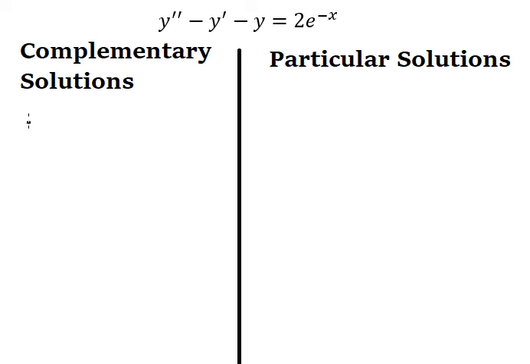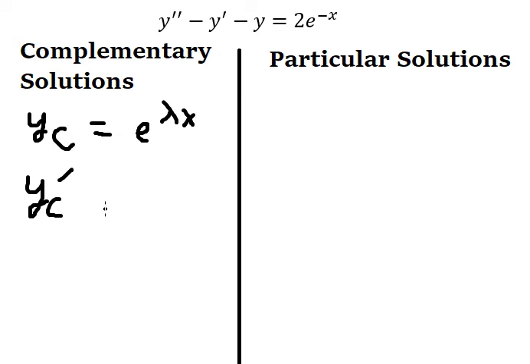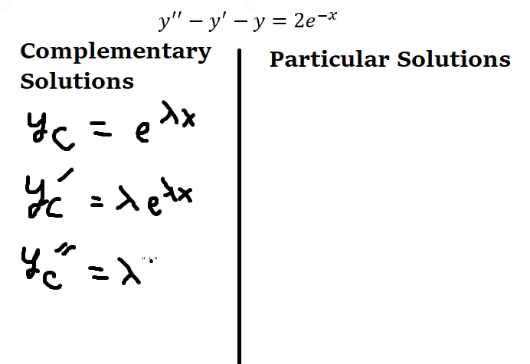So I will put yc, that is about e to the power of lambda s. Then we go to the first derivative of yc, and we have lambda e to the power of lambda s. Later, we need the second derivative of yc, and we have lambda square e to the power of lambda s.